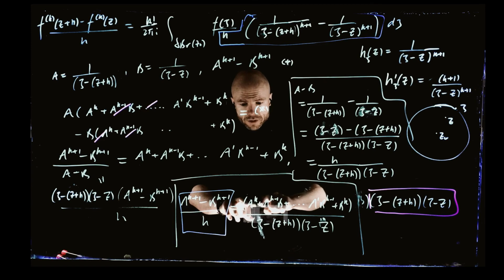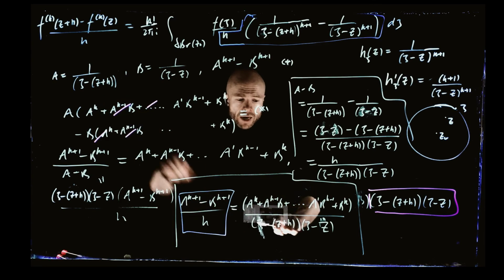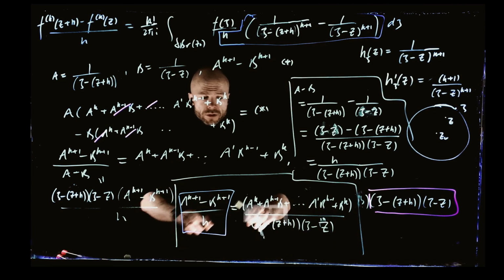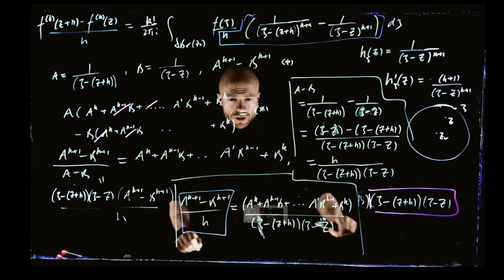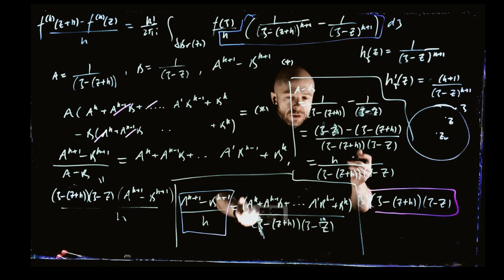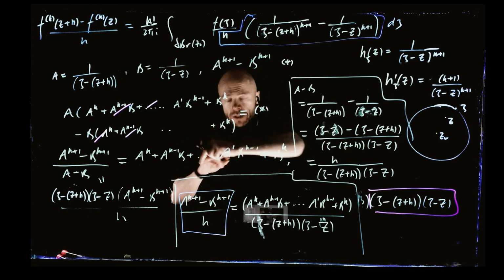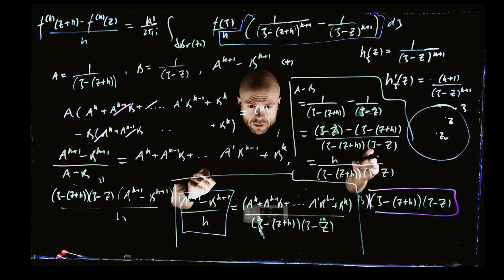Yeah? Because this is power k, this is power k, this is another one, this is another one. So every single term inside this sum, as h goes to 0, will tend to the expression 1 over zeta minus z to the k plus 2.